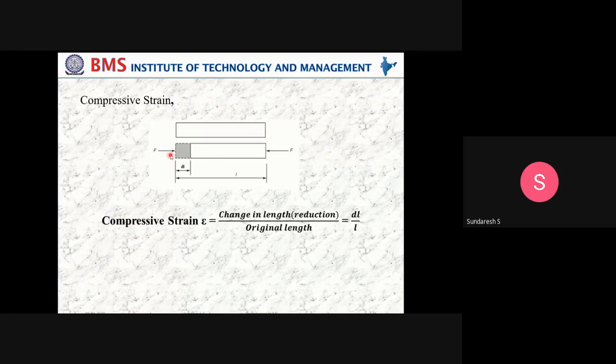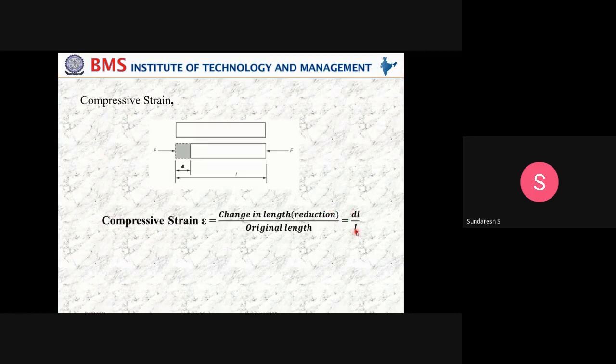Since the type of load is a compressive load, the nature of stress that will be induced will also be compressive in nature. So that corresponding strain we call a compressive strain. The compressive strain can be expressed as change in length to the original length. The change in length is a reduction, or the length of the member will be shortened, right?